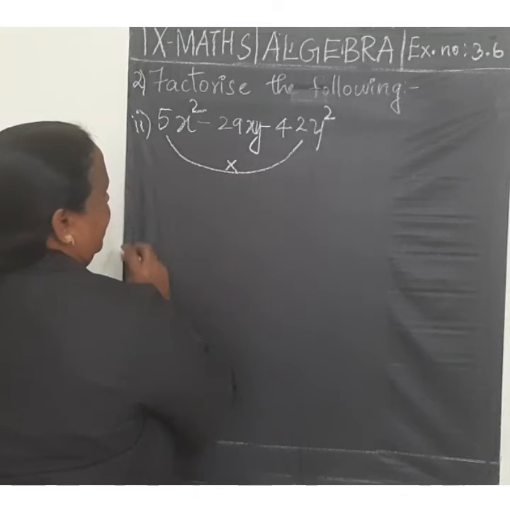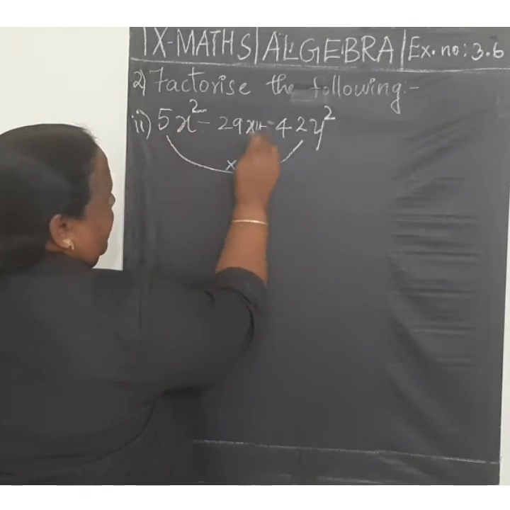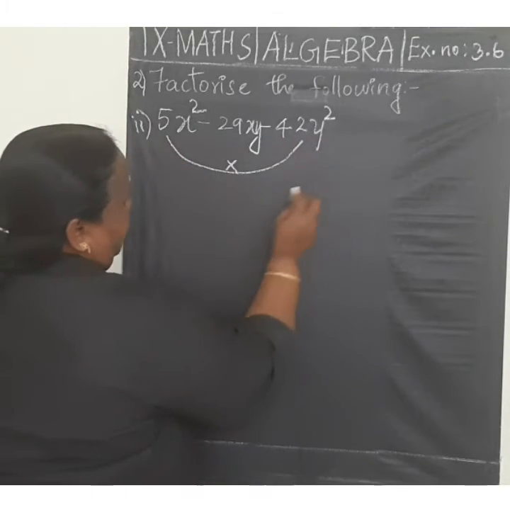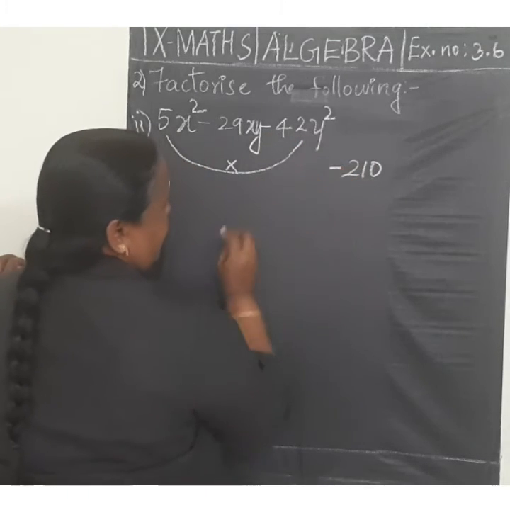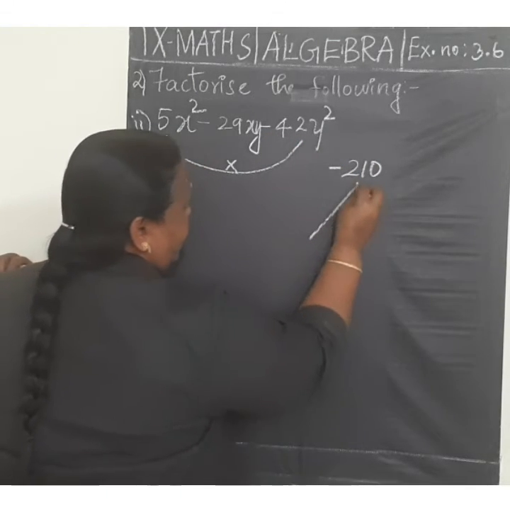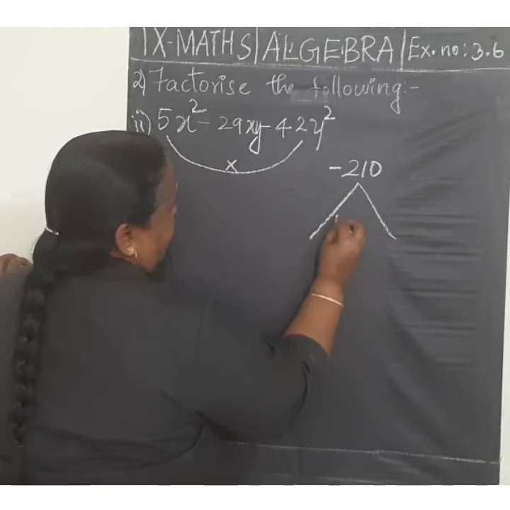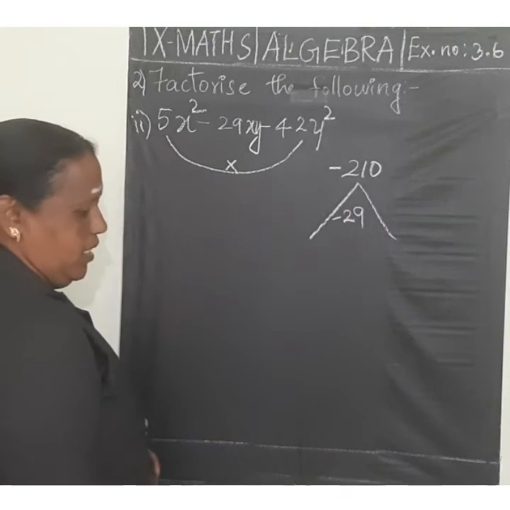First we have to multiply 5x squared into 42y squared. So 5 into 42, we will be getting 210. Here a minus sign is there, so minus 210. Then we have to find the two factors for this minus 210. If we add or subtract them, we have to get minus 29.